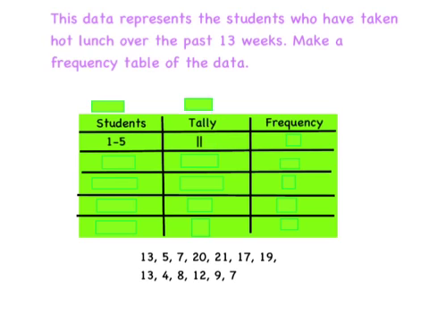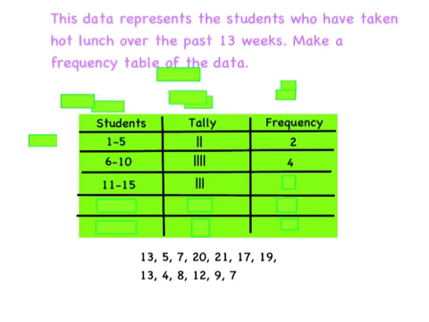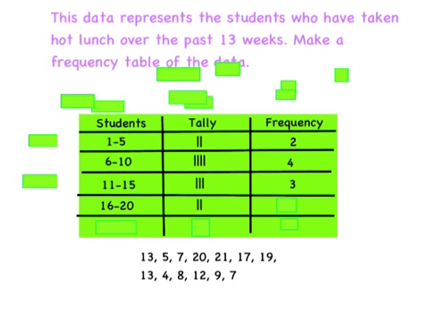There are two numbers in the 1 through 5 range. In the second row, there are 4. In the third row, there are 3. In the fourth row, there are 2. In the last row, there is 1.